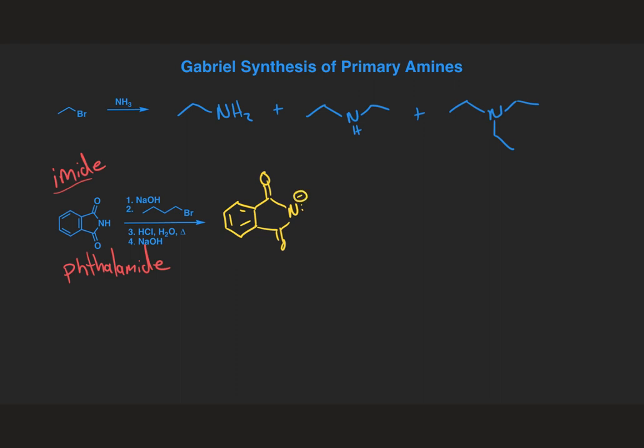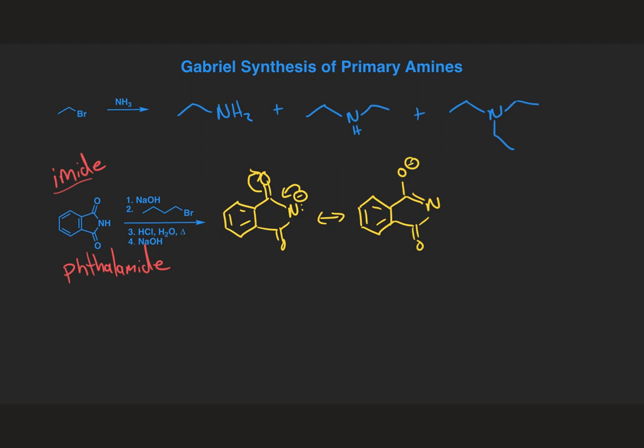And that negative charge is resonance stabilized, so this can kick over here and the electrons can kick up to oxygen to form this structure. And the equivalent structure where this oxygen gets the negative charge is also available.